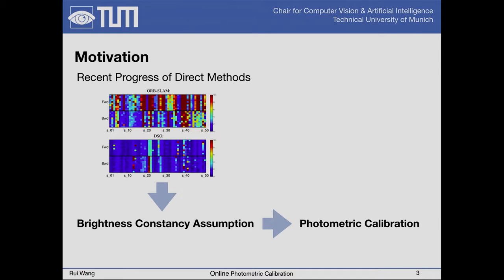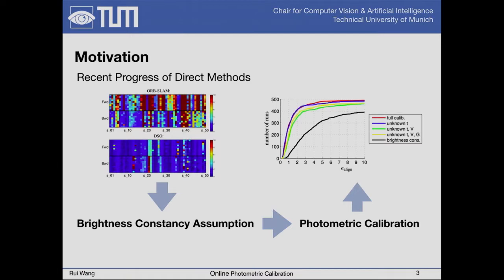If you don't do this in practice, then the brightness constancy assumption will be violated, which will lead to the performance of direct methods drastically declining, as shown here with the black curve.